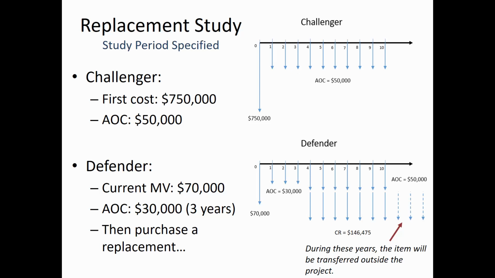The replacement is actually buying the Challenger, but just buying it at year 3 instead of buying it at year 0. So in this example, what you have to do is find the annual operating cost and the present value. You take everything and you annualize it over the 10-year horizon.